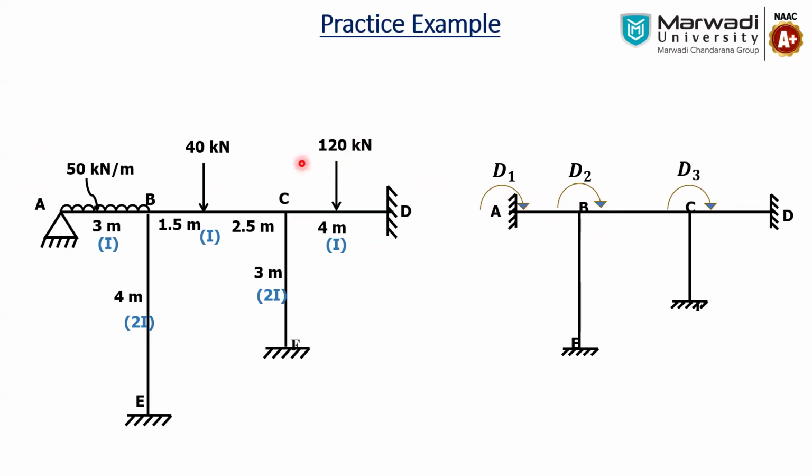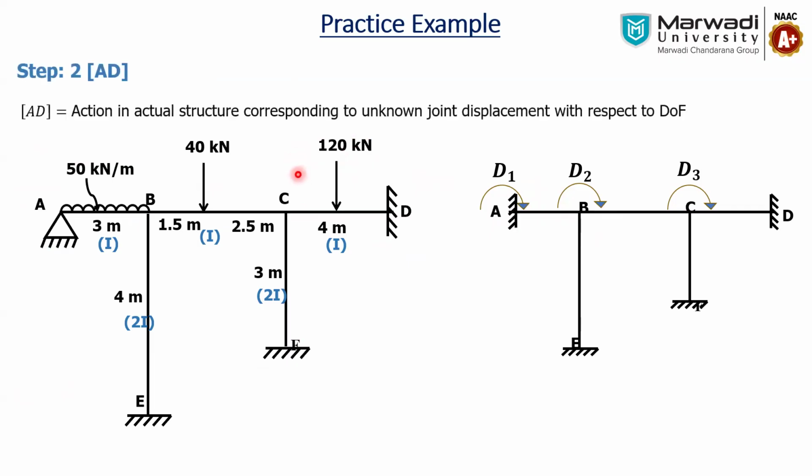So what is the first step? We have to find out the AD. And what is that AD? Like we have seen in the case of the beam, AD is the action in the actual structure corresponding to the unknown joint displacement, with respect to the unknown degrees of freedom. So with respect to D1, is there any moment at the joint at A? No, so AD1 becomes 0.